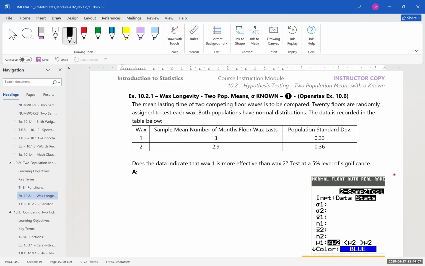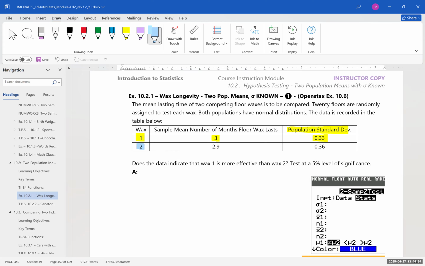So here we've got data for wax number 1. So the sample mean number of months the floor wax lasts. So wax number 1 lasted for 3 months with a population standard deviation of 0.33. So this is the part where the population standard deviation is known.